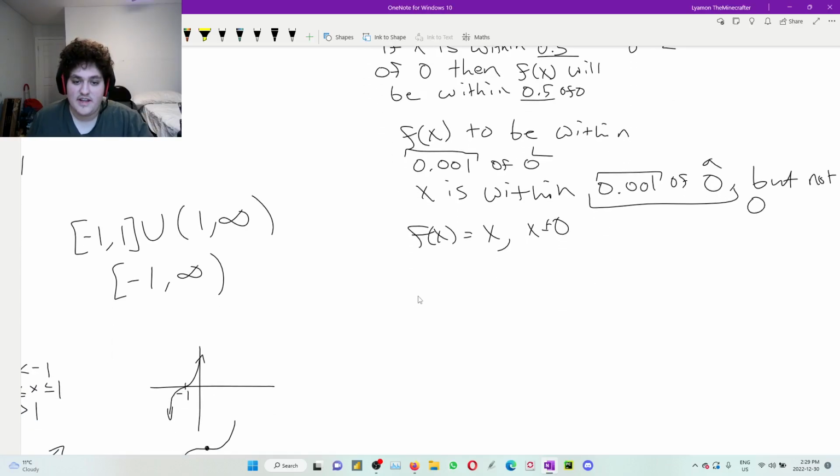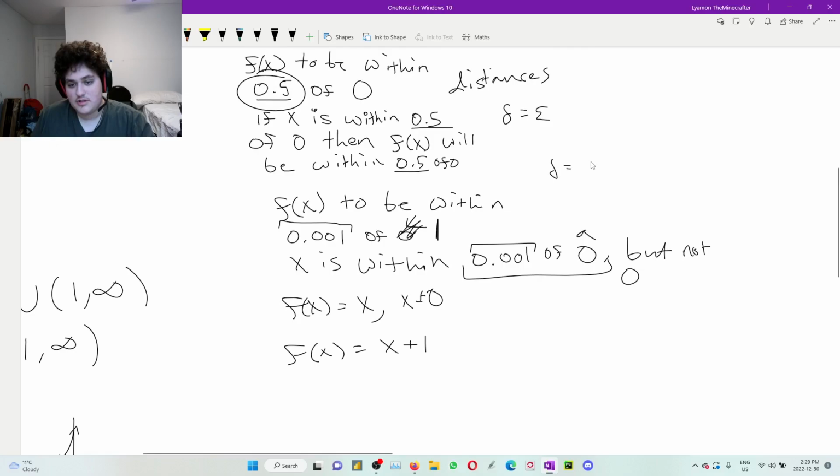Let's say for example, if I had f of x equal to x plus 1, then now our limit would just be 1, because f of 0 is 1, right? And when you get close to 0, f of x will be close to 1. And now, yeah, these values will still be the same.